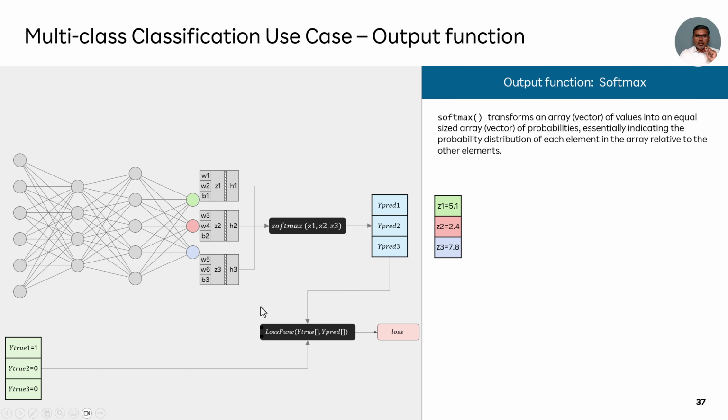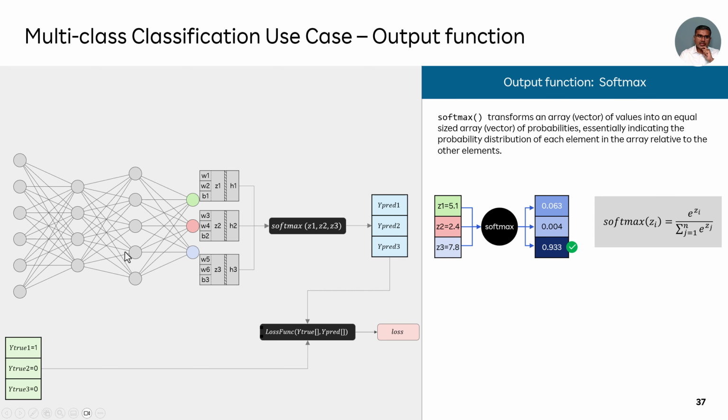Okay. Now, what you want to do is these three output neurons, because you are classifying into three classes, need to essentially activate based on what you think is the correct class or correct category. So the output function we'll use is what is called the softmax output function. What a softmax output function does is, the input goes through multiple layers and multiple neurons, and it comes to the output layer.